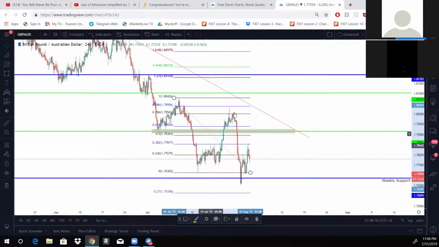Usually on GBPs you don't get such a strong pullback, but we did experience here 78.6, and as I already mentioned, that is the last Fibonacci level for the retrace, and that should continue the downtrend in this case, right? Does that make sense?